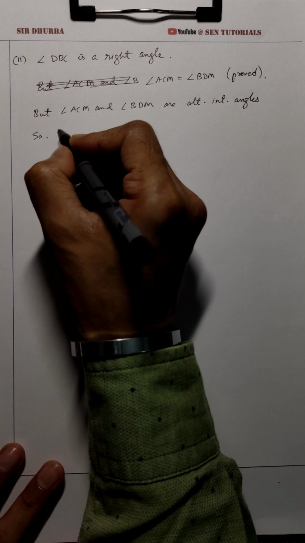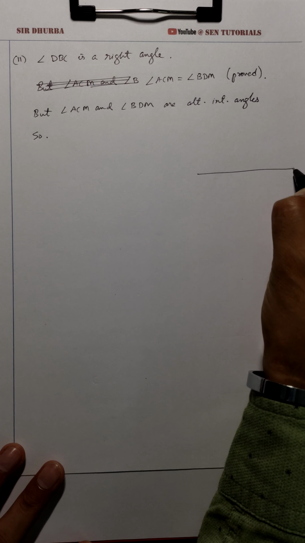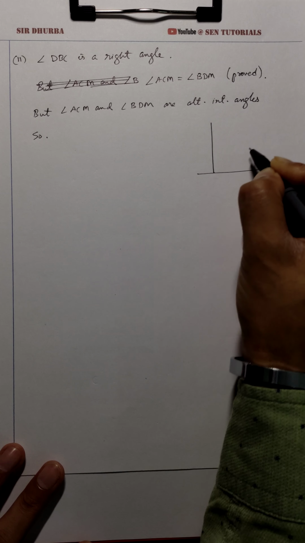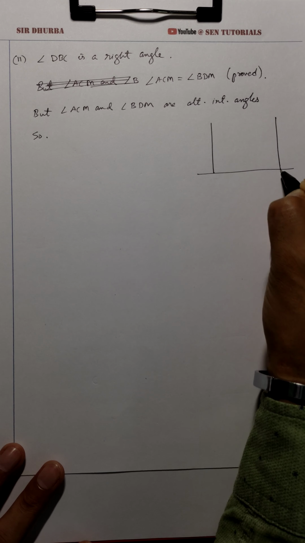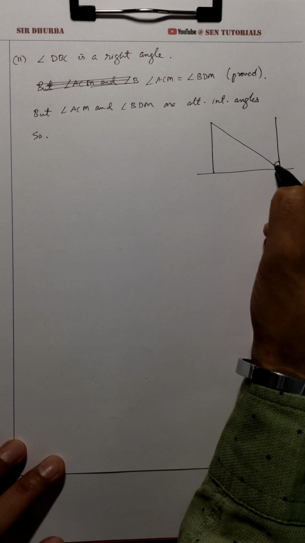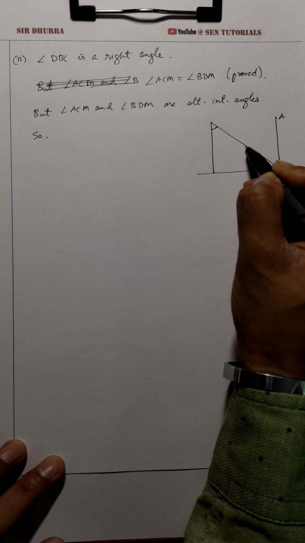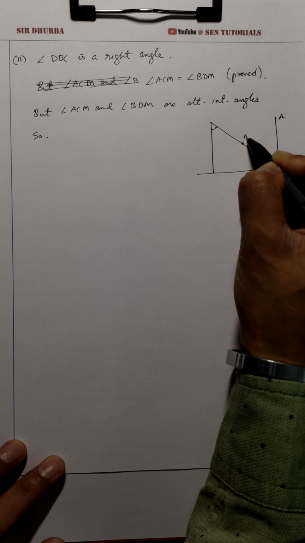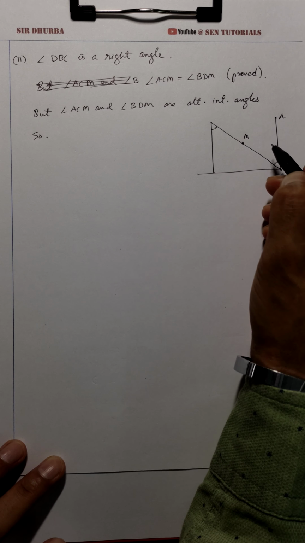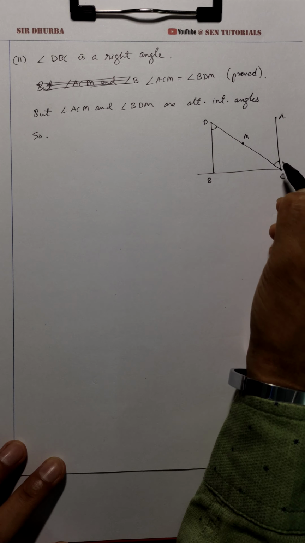I'll just draw the figure once again. As mentioned, these two angles are equal. That is ACM is equal to BDM.